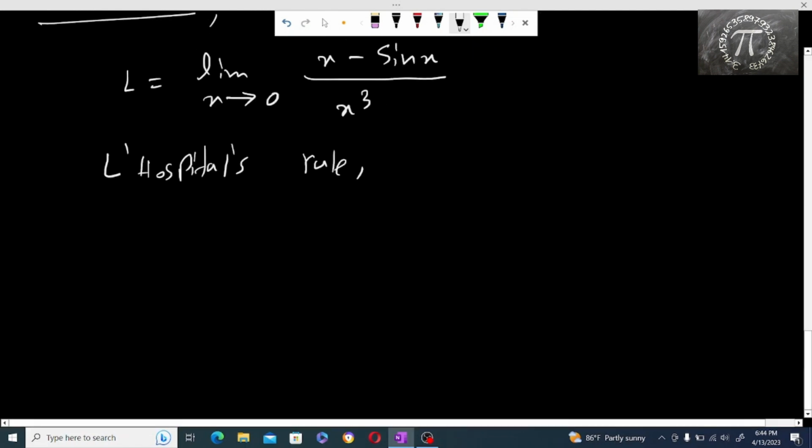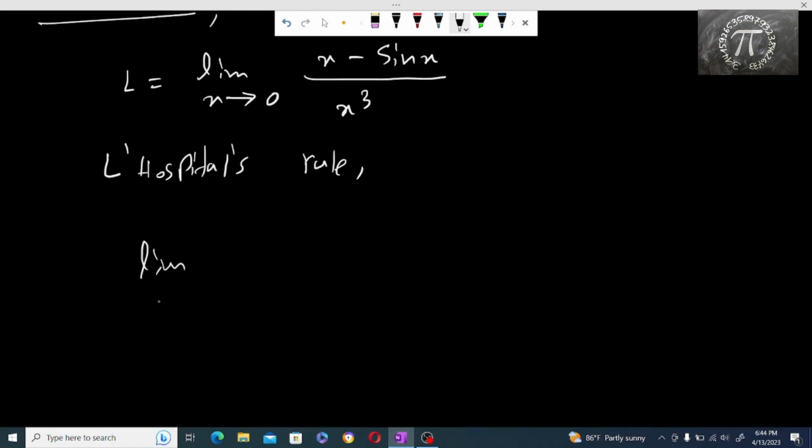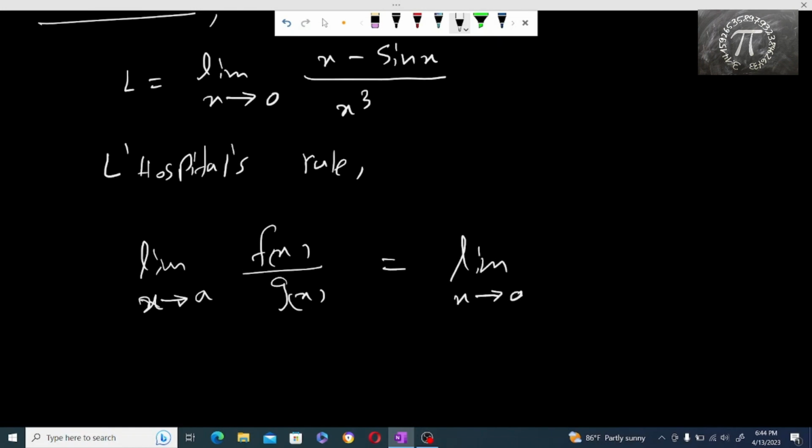You know what L'Hospital's rule is: when the limit x goes to a, for functions f(x) and g(x), we can get the limit as x goes to a of the first derivative of the numerator function divided by the first derivative of the denominator function. So I am going to apply this rule to our problem.